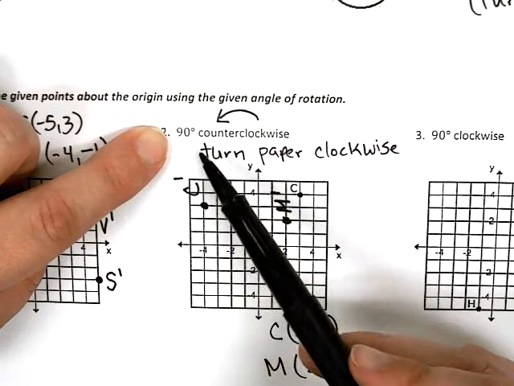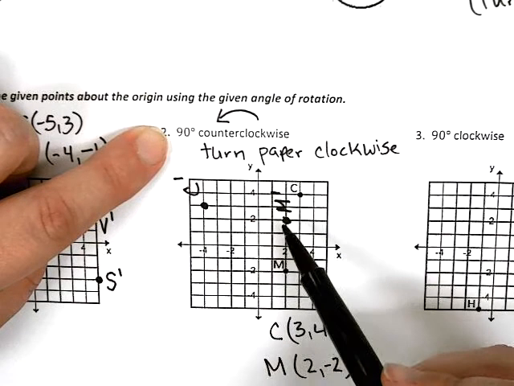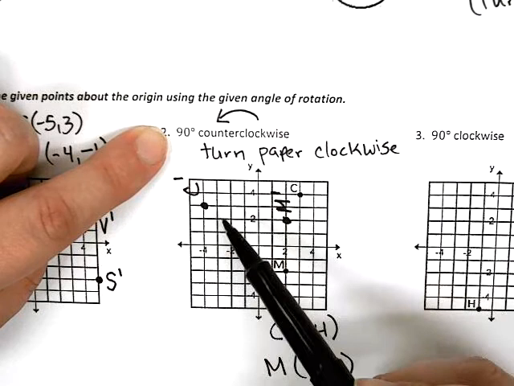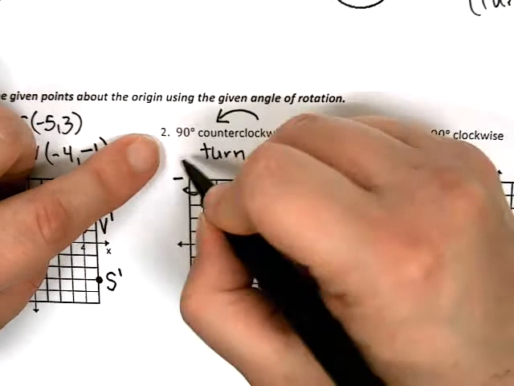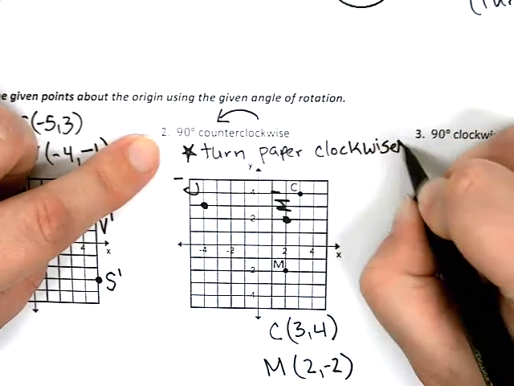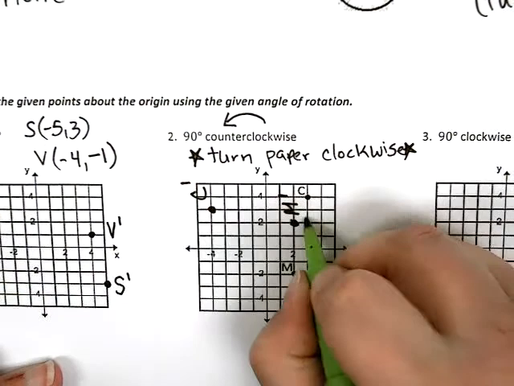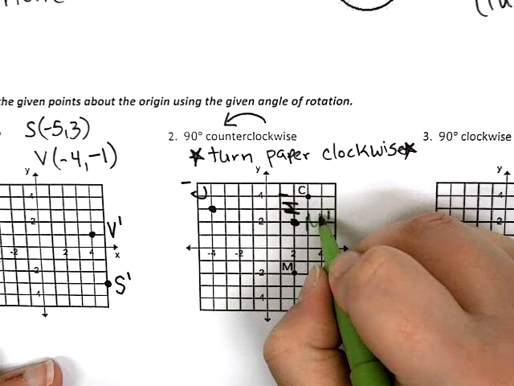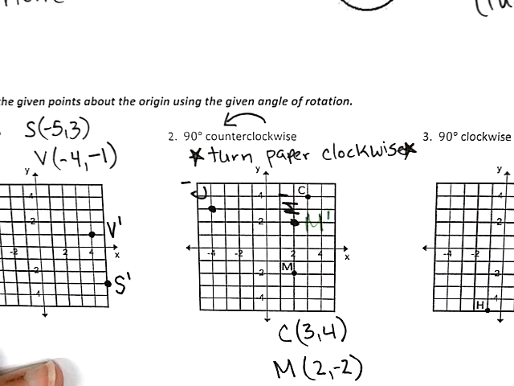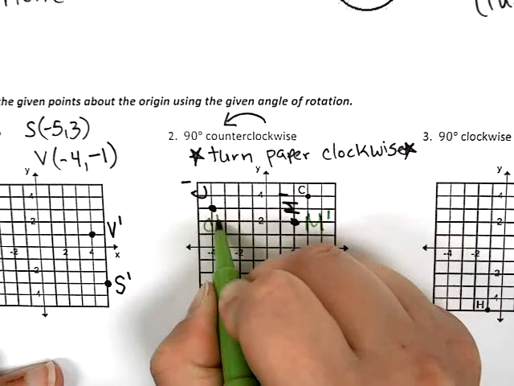I turned my points 90 degrees counterclockwise, and I did it by turning my paper clockwise. Okay, I am going to go in really quick and just rewrite my labels so that they are facing the right direction. That's my M prime, and this is my C prime.